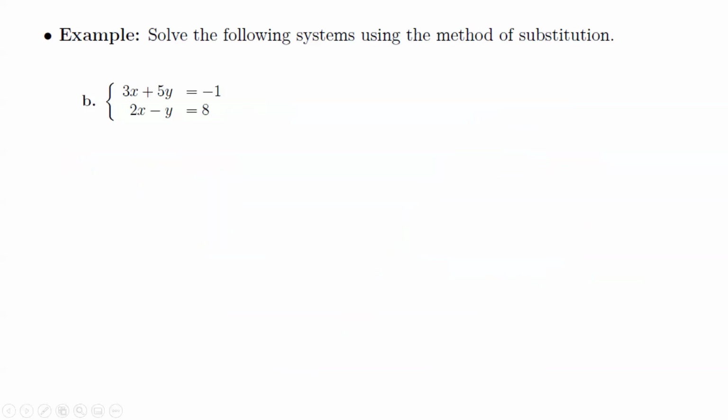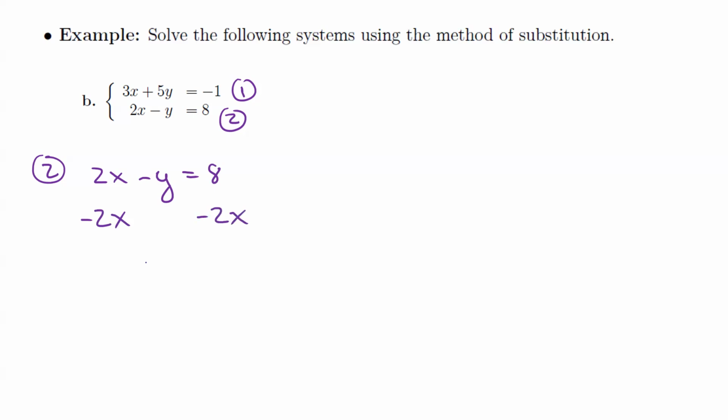In part B, none of the coefficients in front of the variables are just a positive 1. So it looks like the best I can do here is take equation number 2 and solve it for y, because I'll just have to divide by negative 1 in the end.